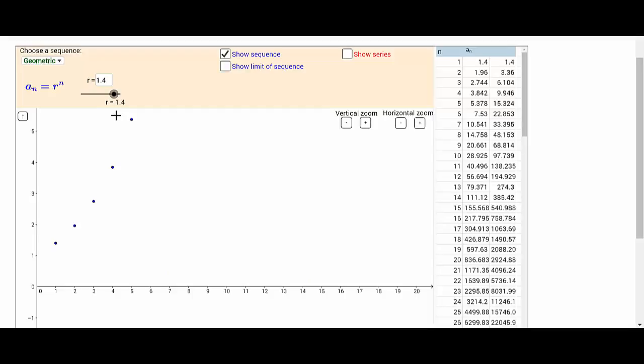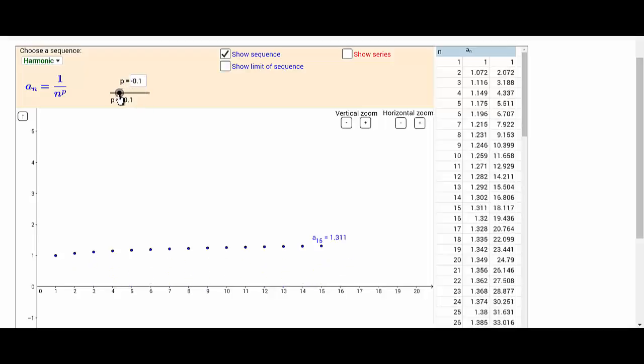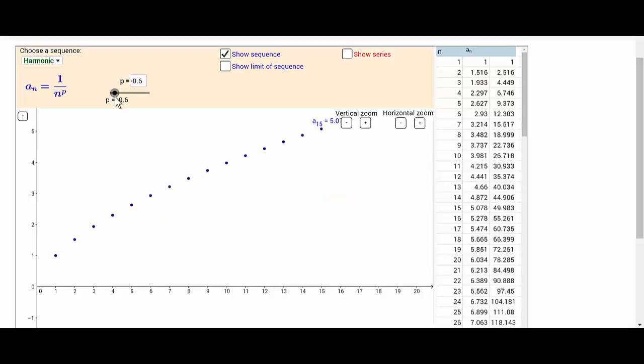So in that case, that would diverge, okay? And there's all kinds of sequences. There's something called a harmonic sequence. If you look at that one, that appears to go to 0 also, doesn't it? And a lot of times on these problems, if you change this number, sometimes that changes that value. This one appears that it might be leveling off at some number.